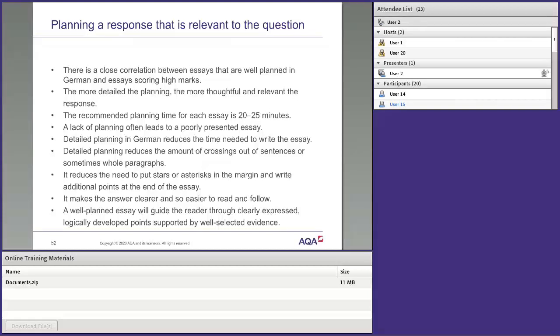A lack of planning often leads to a poorly presented essay. Detailed planning in German reduces the time needed to write the essay because they've already written some of the stuff out. And detailed planning reduces the amount of crossing out of sentences or sometimes whole paragraphs, and reduces the need to put stars or asterisks in the margin and write additional points at the end of the essay.